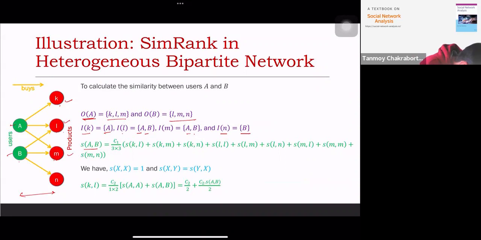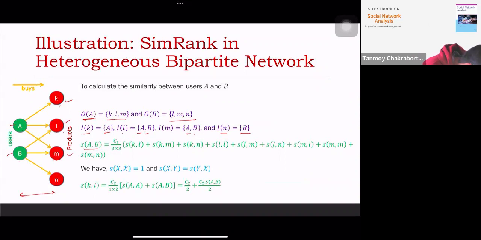The similarity of A and B is the similarity of their outward neighbors, right?